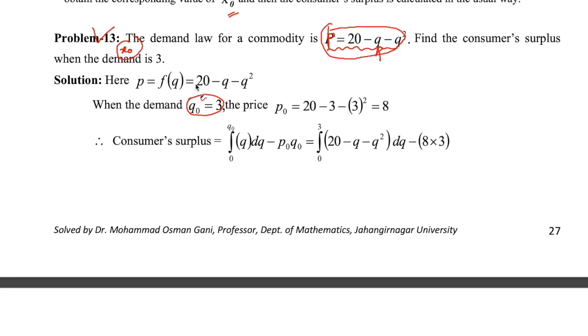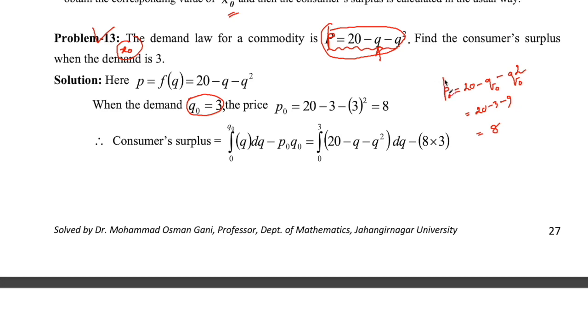Now if you put q0 in this function, p0 is equal to 20 minus q0 minus q0 square. If you put 3 here, then it will be 8.